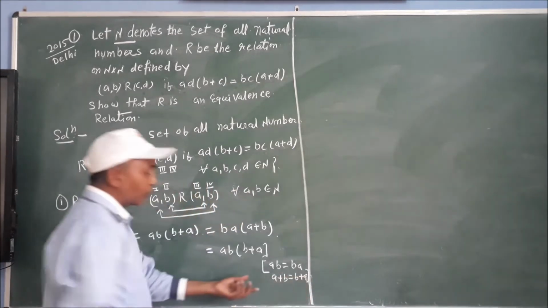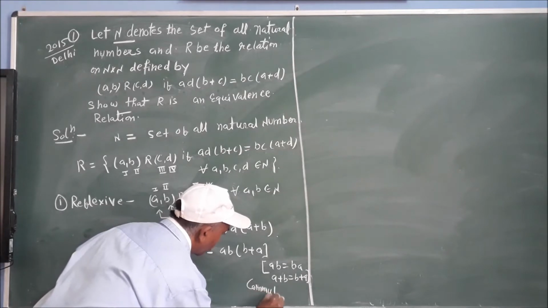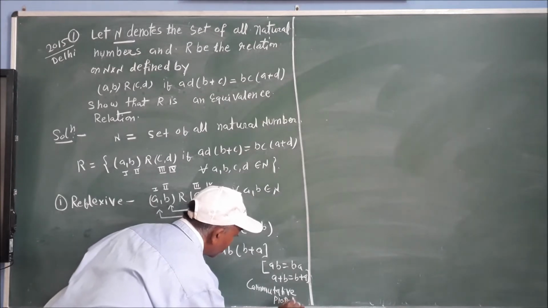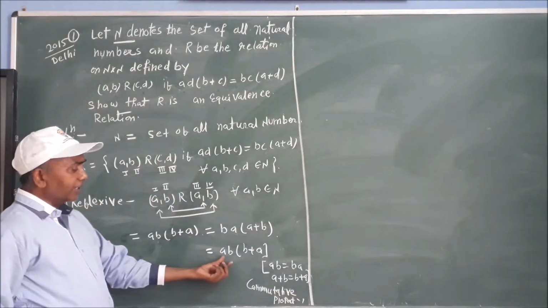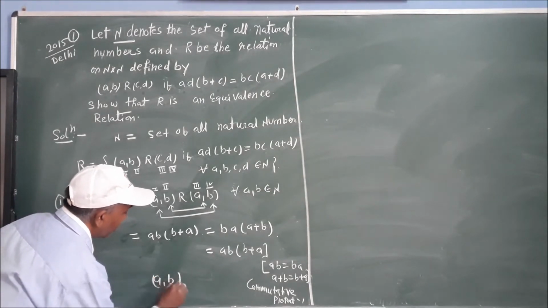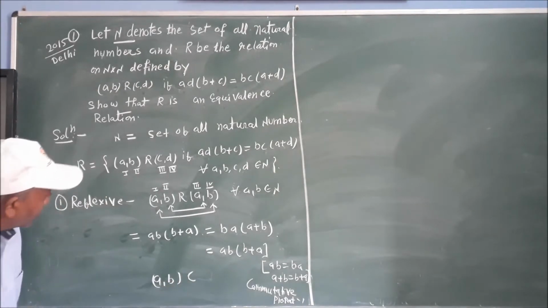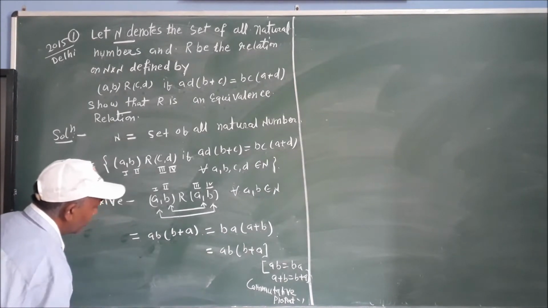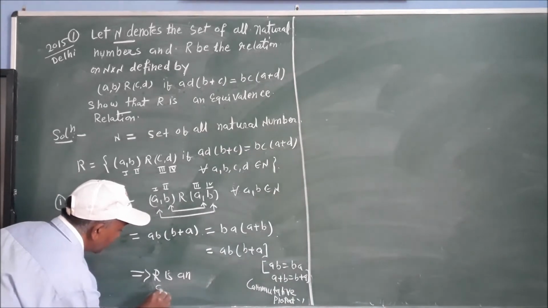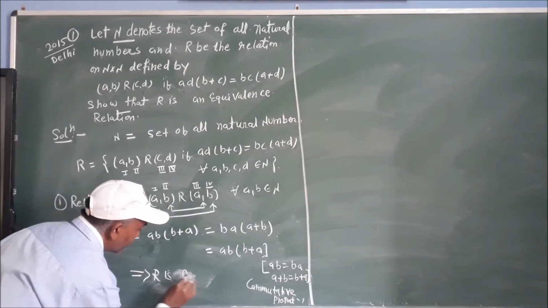Can you tell me the name of this property? This is your commutative property. So what are you seeing here? Here LHS and RHS both are equal. So this implies (A, B) is related to (A, B), this implies R is reflexive.